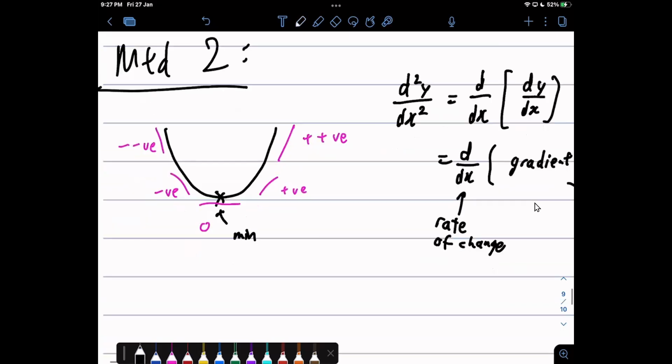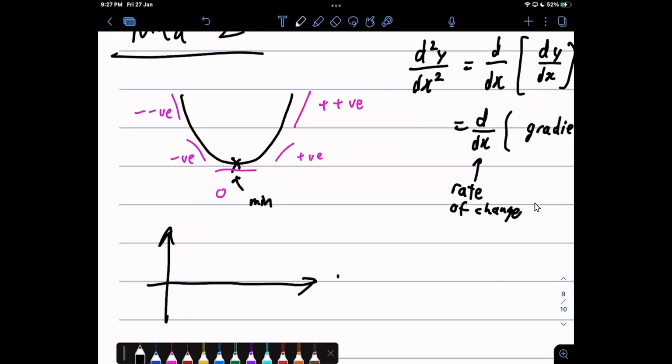If you plot a graph as x increases, what happens to the corresponding dy by dx value? It goes from very negative, slightly negative, 0, slightly positive, very positive, which means this is what kind of function? Increasing function.